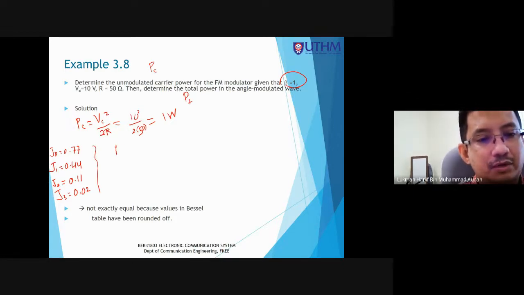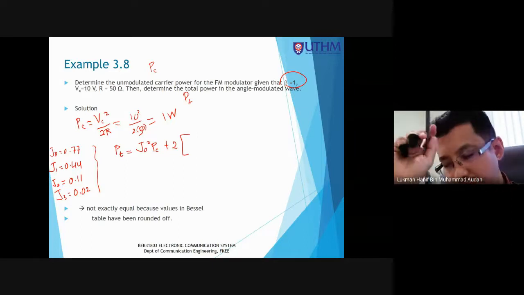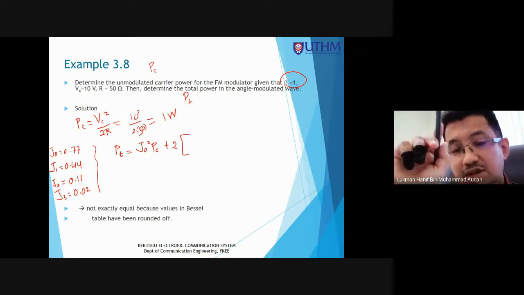Remember the total power P total using the long equation. So this is J0 squared PC plus 2 times, up to 3 significant sidebands.